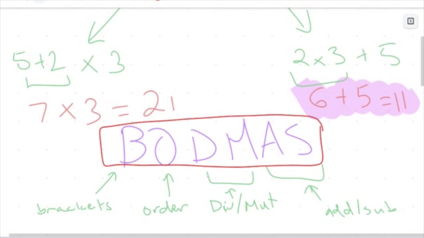But another problem with this BODMAS abbreviation is it implies that division comes before multiplication and addition comes before subtraction. That's actually not true. We group these in terms of levels. So we have our brackets, and then we treat division and multiplication in the same way. No matter which one of those we choose first, we will get the same answer.